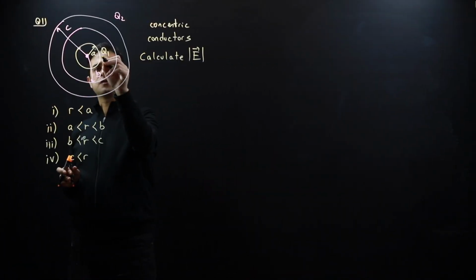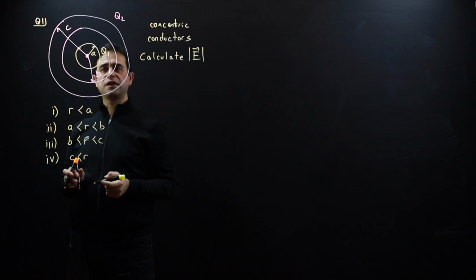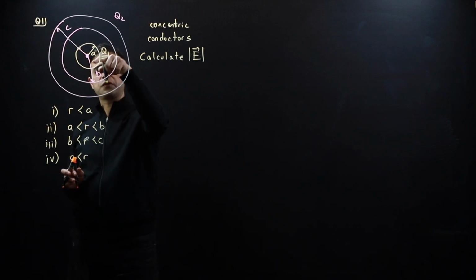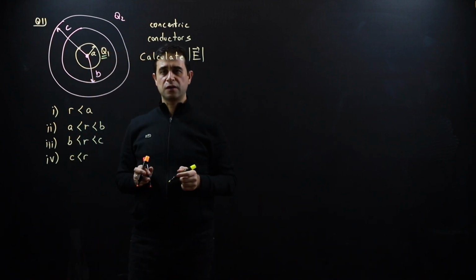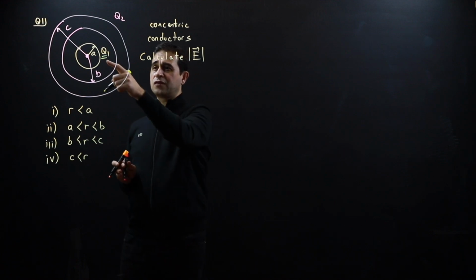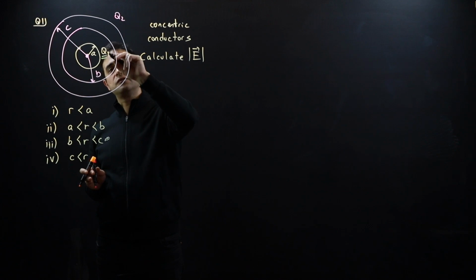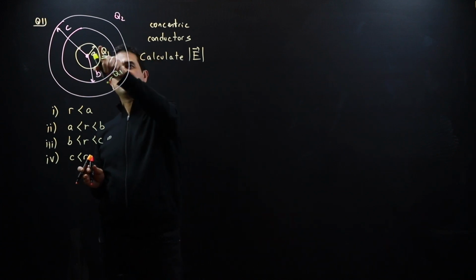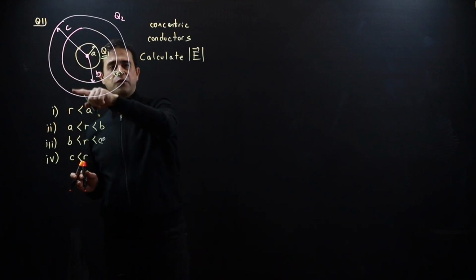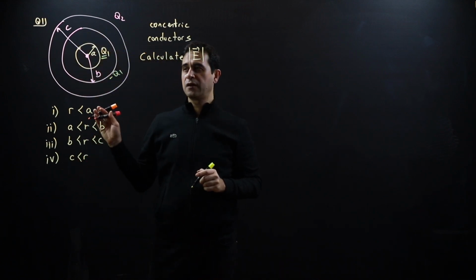All of the charges are going to be concentrated at the surface of the solid sphere. And this is going to attract an equal amount of charge, with a negative sign, minus Q1, on the inner surface of the spherical shell.